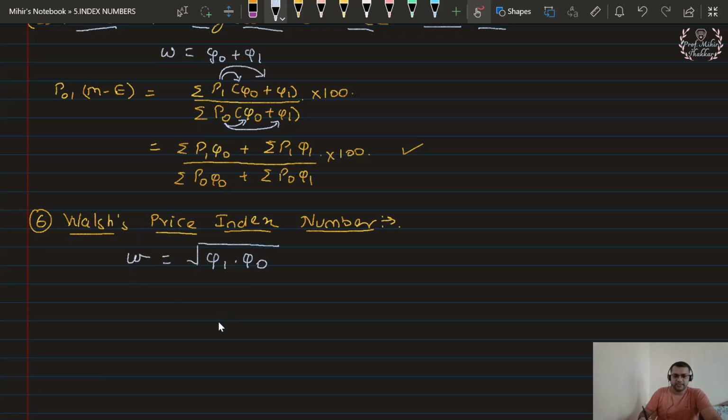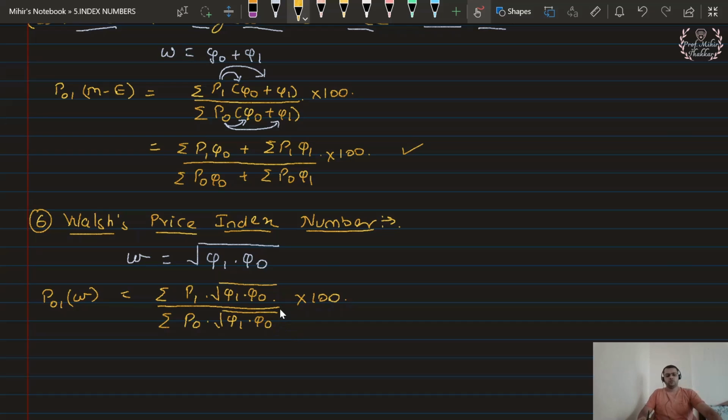So how do we get that? Let us see. P01 W is equal to summation of P1 under root Q1 into Q0, divided by summation of P0 multiplied by the root Q1 into Q0, and whole multiplied by 100. So this is the way we calculate the Walsh's index number.